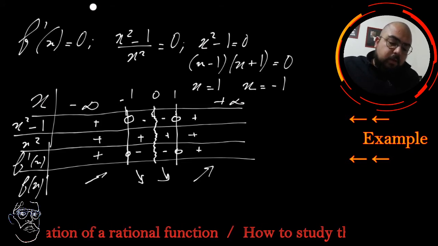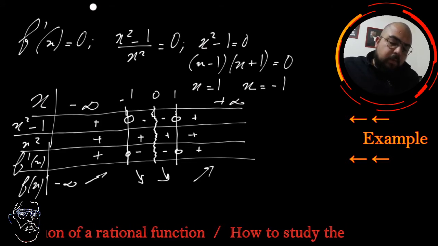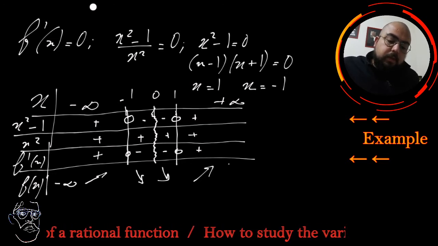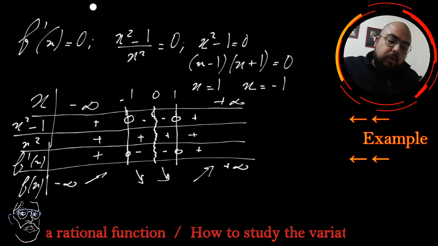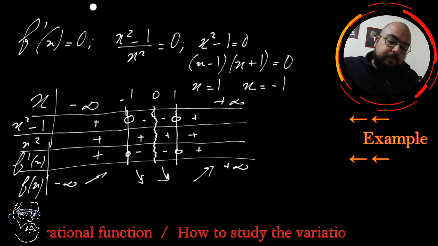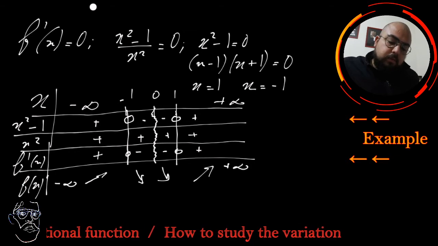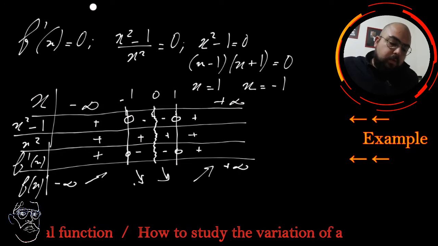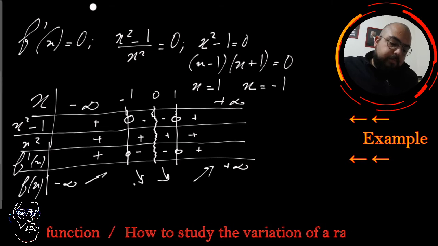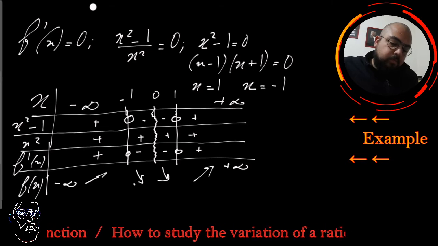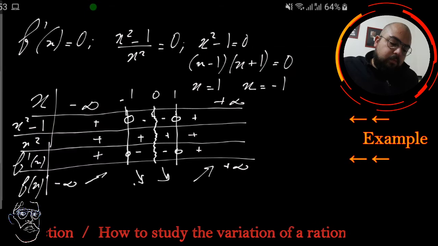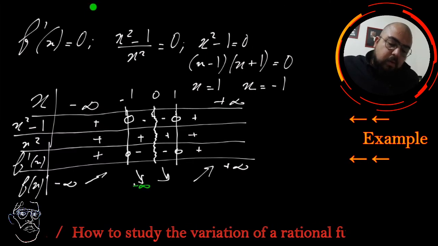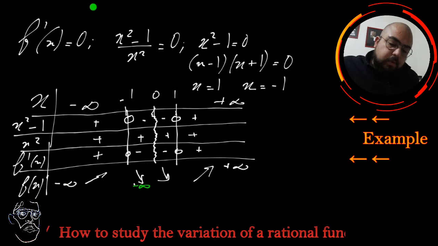For minus infinity it was minus infinity, for plus infinity it was plus infinity, for 0 minus it was minus infinity, so I'm going to add the value. So in this case it will be minus infinity, and for 0 plus it was plus infinity.